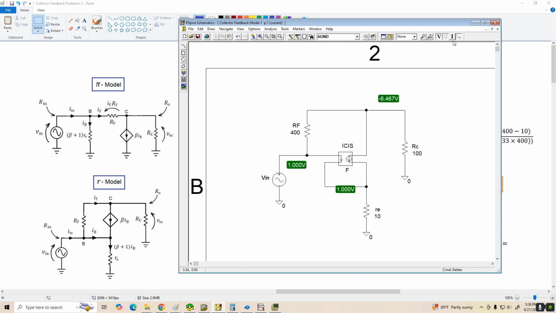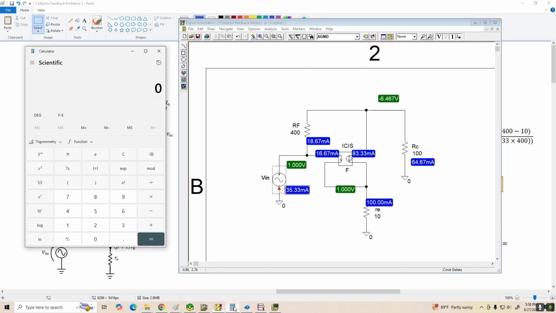So we'll turn on our current markers, and we've got an input current of 35.33 milliamps. So our input resistance, according to PSpice, is 1 divided by 0.03533, and that is 28.3 ohms.